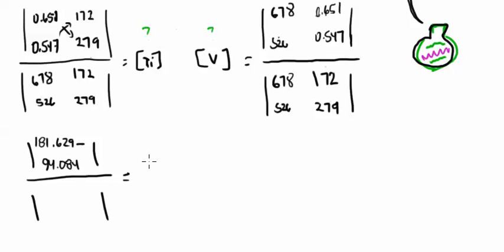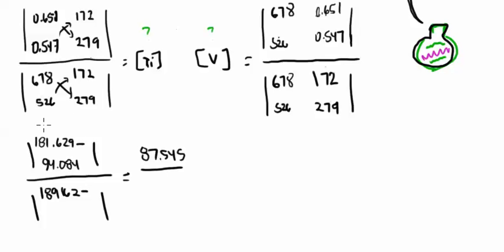So up here at the top, it's 181.629 minus 94.084, and we're going to end up getting 87.545 as a number up on the top. You do the same thing down here below. You cross multiply 678 times 279, and you're going to get a pretty large number, 189,162, minus, and then you cross multiply these two.